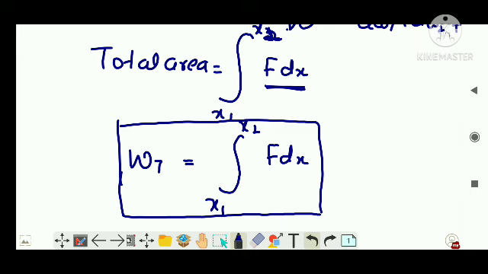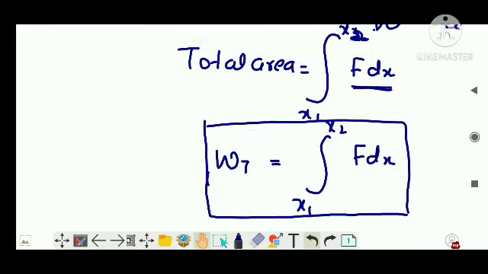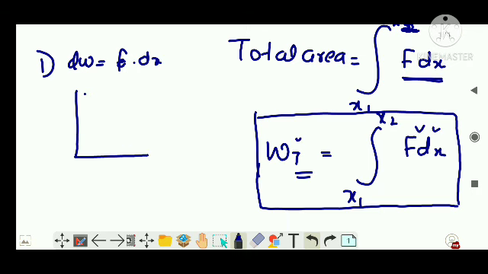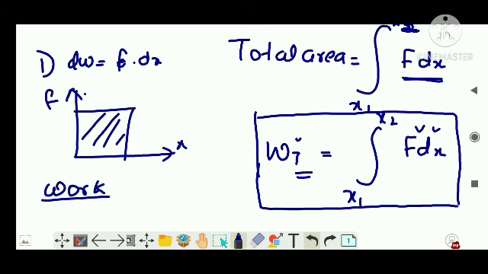Clear? Very important, right? From this derivation, in between the steps, what have we noted? We first noted dw is equal to f dx, and we wrote W total as the integral of f dx. That is, if I have a force displacement graph, the area under the force displacement graph gives you work. Keep this in mind.